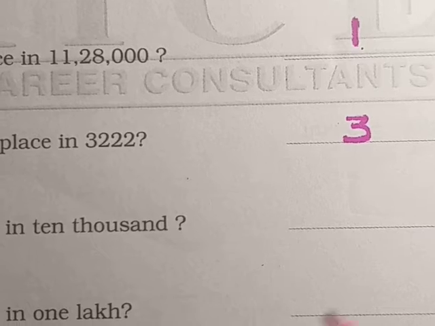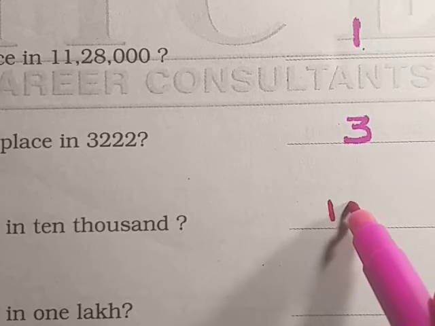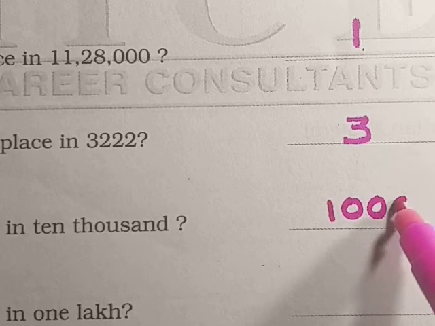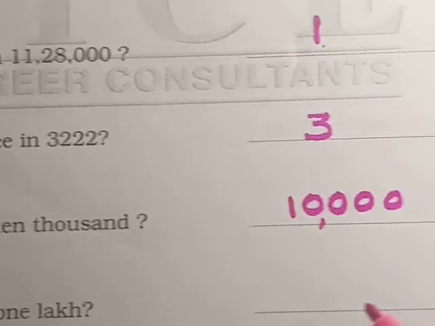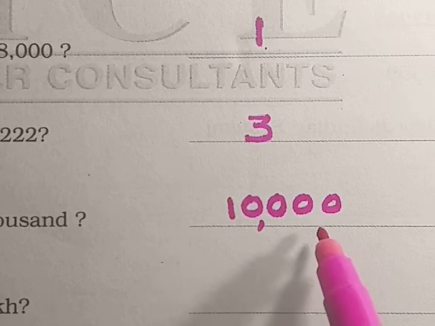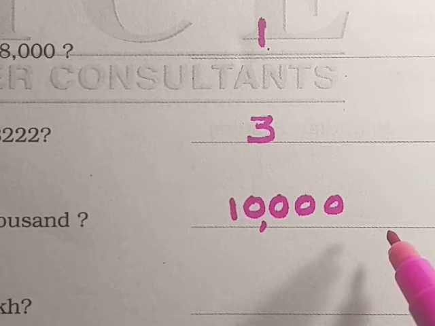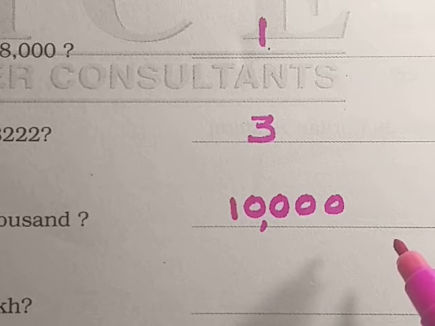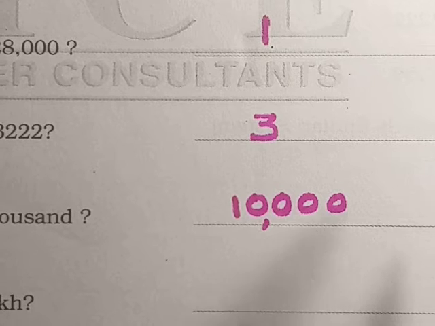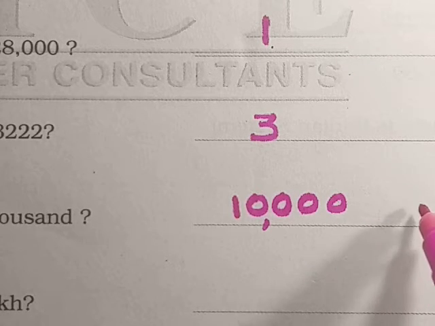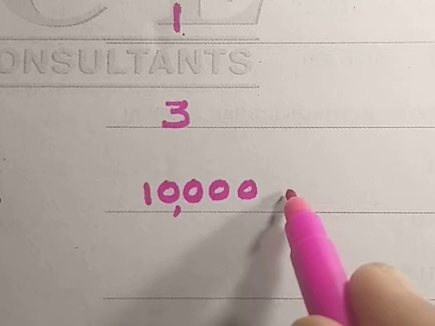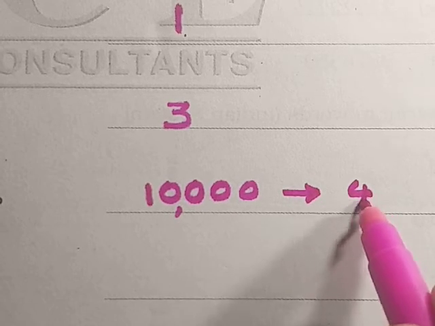First, let us write 10,000. This is our 10,000. How many zeros are there? There are 4 zeros. Therefore, in 10,000, we find number of zeros is equal to 4.